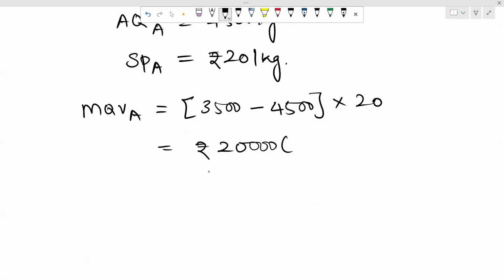Instead of writing negative 20,000, we write it as 20,000 adverse. And why is it adverse? Because we should have used only 3,500 kg of raw material A to produce 5,600 kg of finished goods. But we actually consumed 4,500 kg of raw material A. So it is an adverse variance because we consumed more raw material than we were supposed to consume.